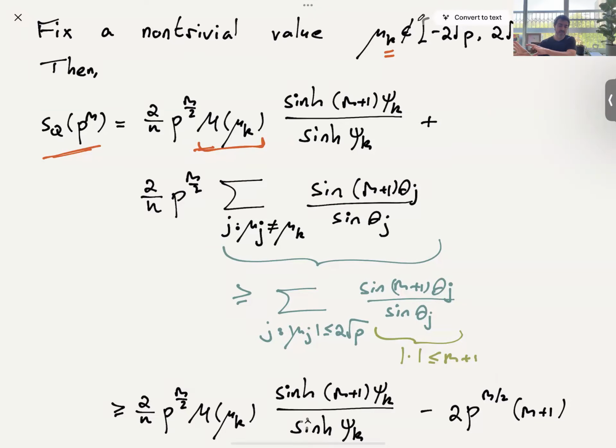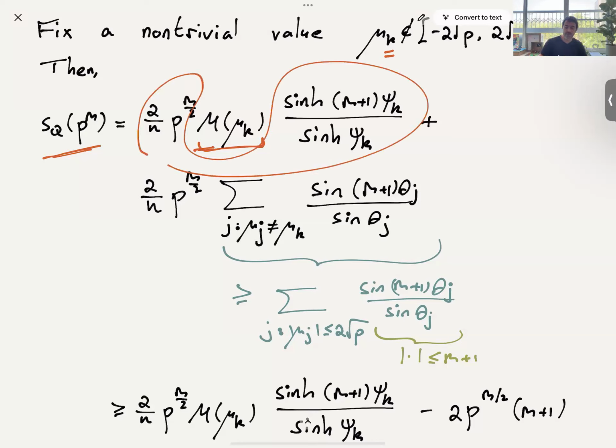But let's take all of the summands that have the same value, maybe a different index, but the same value as mu k. There are m of mu k of those, and each contributes this thing, where I used the psi k notation with the hyperbolic sines rather than the thetas.